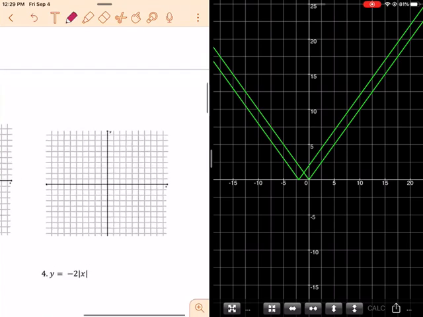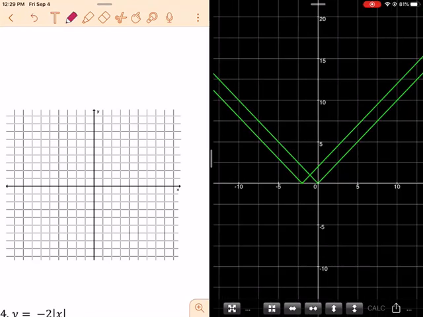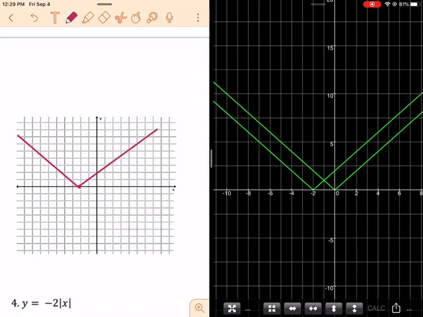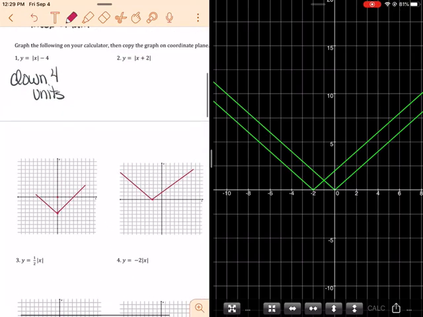Because I'm moving it 2 units, and it's always opposite inside the absolute value. So I'm going to move it over 2 units, and everything else is the same. Okay, there we go. Why don't you try 3 and 4 on your own and see how you do.